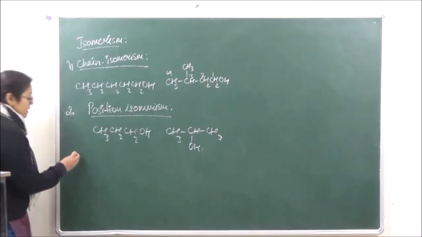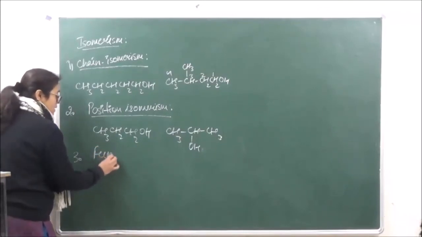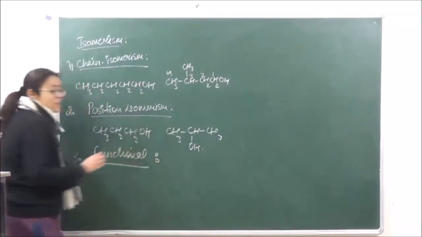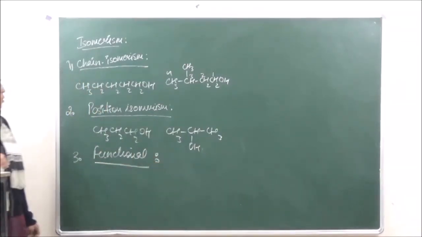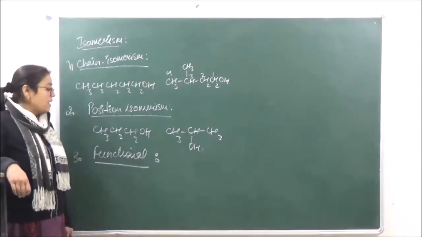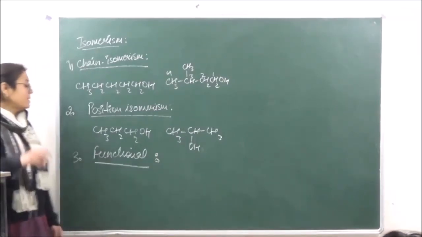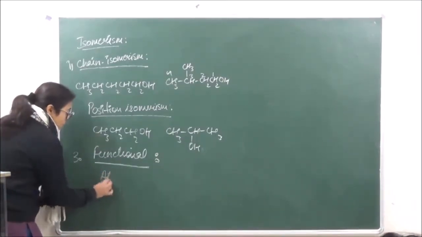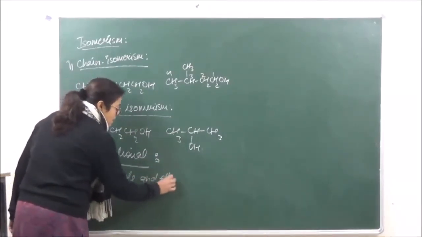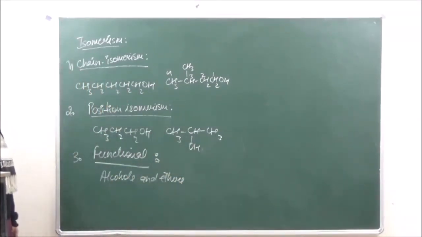The third type of isomerism which it may exhibit is known as functional isomerism. In case of functional isomerism, the molecular formula is the same, but the functional group is different. For example, we say that alcohols and ethers are functional isomers of each other, right?